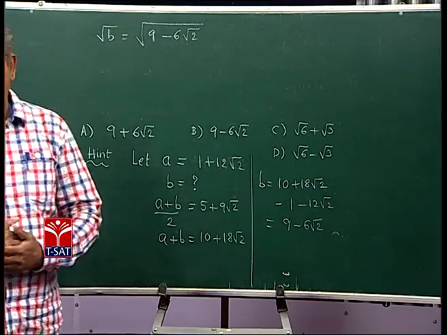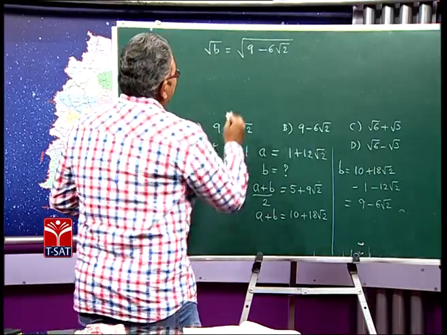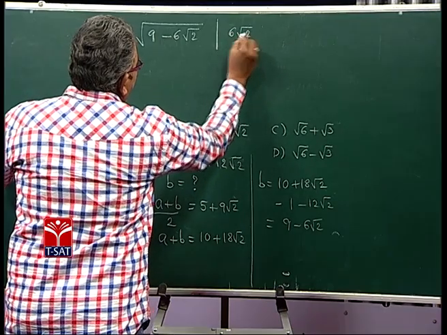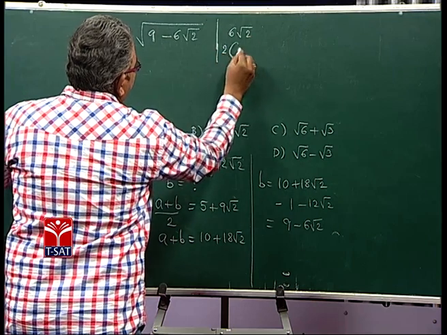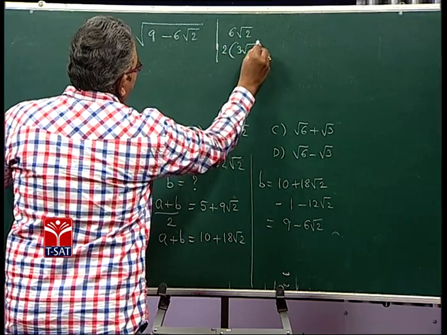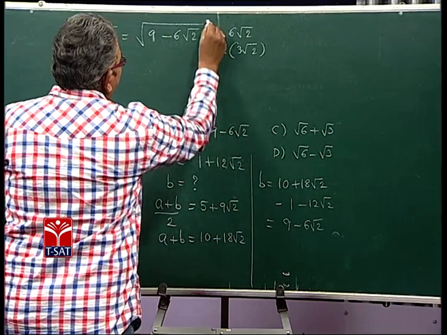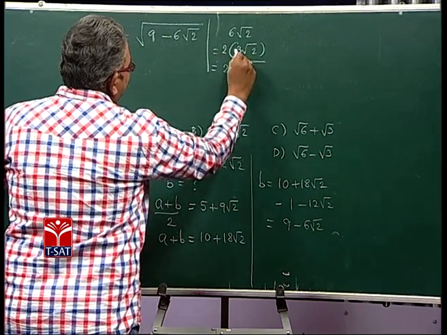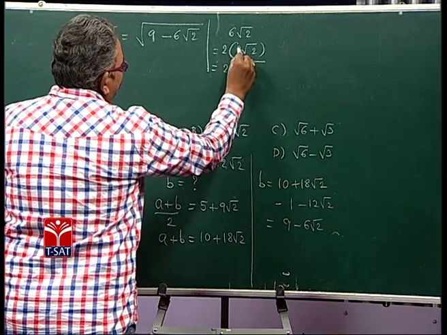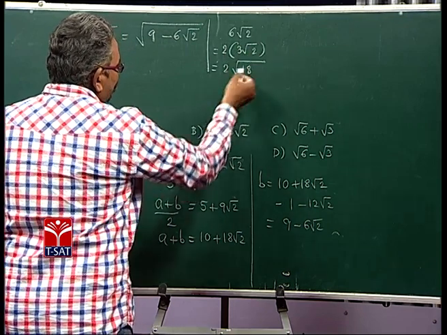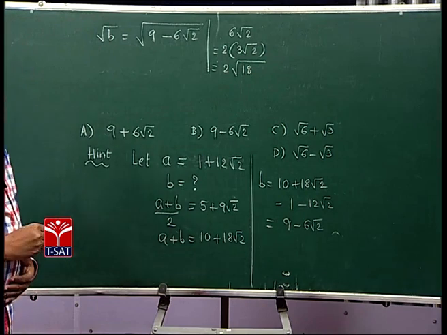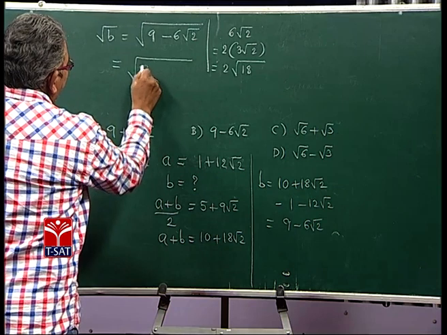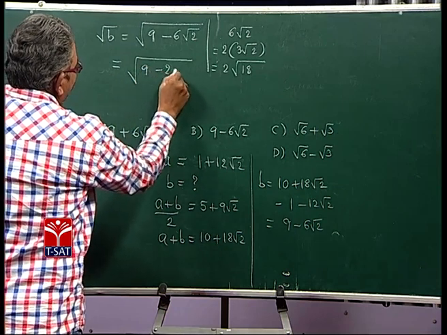Here again one question. This 6 root 2 we have to write as 2 times 3 root 2. This is equal to 2 times, this can be written as 3 square into 2, 18. Root of 3 square into 2 will be 9 into 2, so 2 root 18. This is equal to 9 plus 2 root 18.